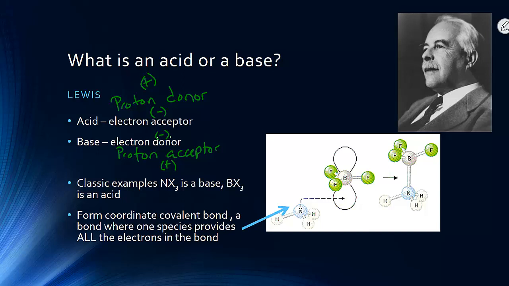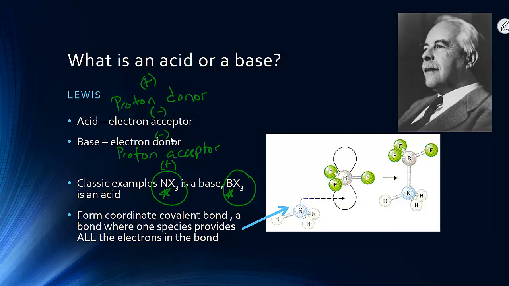The good news is that on the AP exam, you really only need to know this by definition. You are not going to be asked to demonstrate whether something is a Lewis acid or base. You will get a multiple choice question that says, which of these three is a classic Lewis acid? A classic Lewis acid is boron with 3 of anything. A classic Lewis base is ammonia, but nitrogen with any 3 halides would also satisfy that concept.